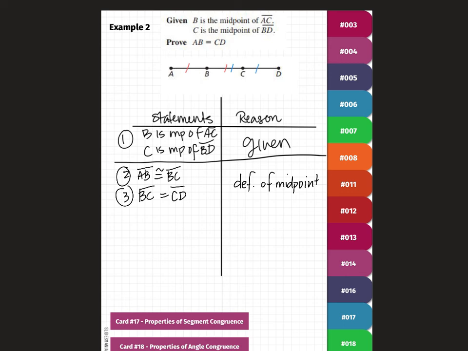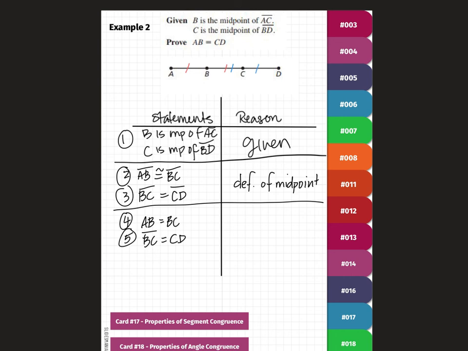Okay. And then at this point, I don't know anything about my properties of congruence, and I need to prove something about equal. So the next thing that I'm going to have to say is that the length of AB is equal to the length of BC. And that the length of BC is equal to the length of CD.